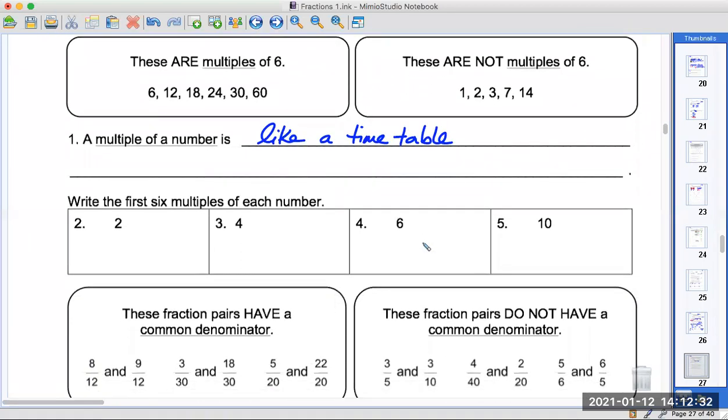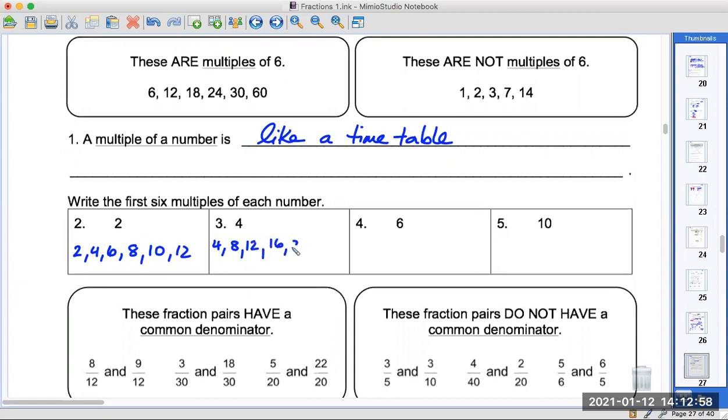Write the first 6 multiples of each number. So 2: 4, 6, 8, 10, 12. Then 4, what's the next one? That's 1 times 4. 2 times 4 is 8. 3 times 4 is 12. 4 times 4 is 16.